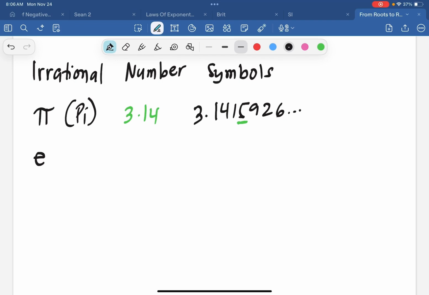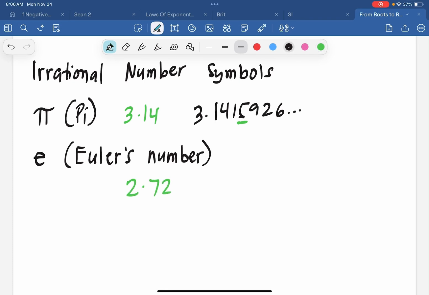Now this is called Euler's number, or constant. This is the base of the natural logarithm. The approximate value I usually use for certain problems is 2.72.